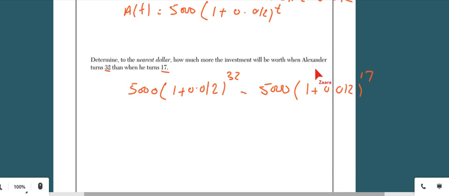We have to take their difference. If I calculate it on the calculator, it is 5,000 times 1.012 raised to the power of 32.